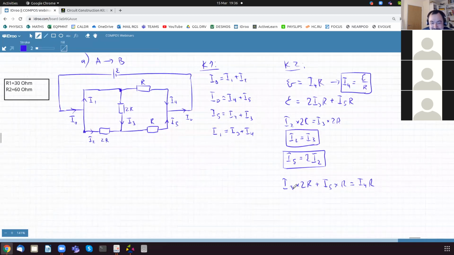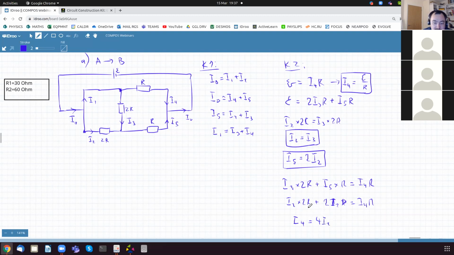So I3 is I2. So I2 times 2R plus I5, which is 2I2, times R is equal to I4R. In other words, I4 is 4I2.